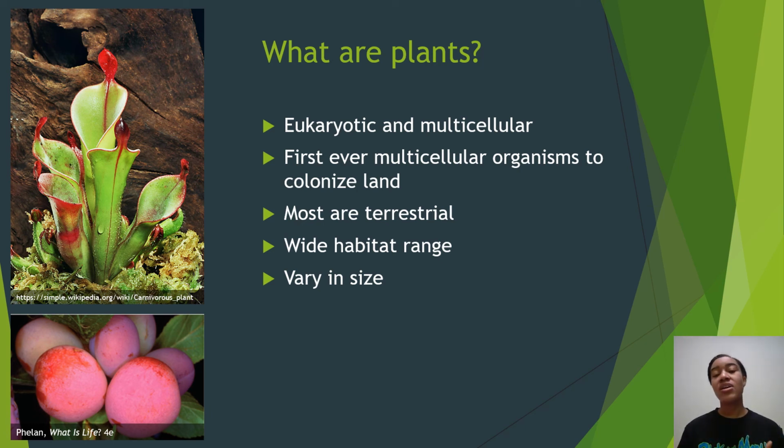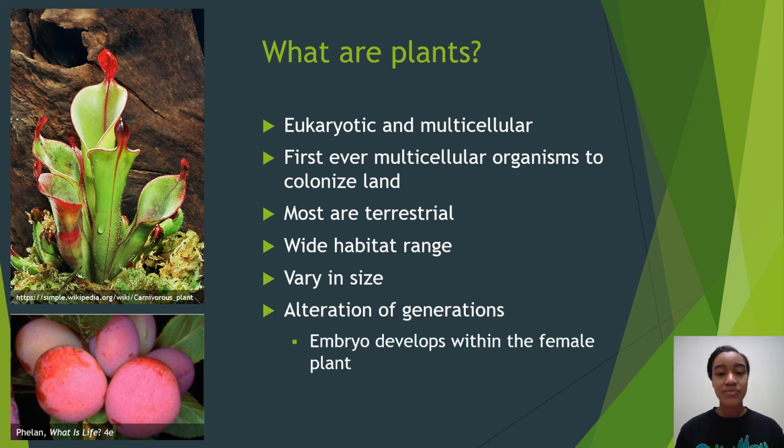And plants can vary in size. So we have some very small plants like mosses that lay towards the ground, but we also have giant plants, right? Like giant redwoods and sequoias. So there's a lot of variety we see in plants.